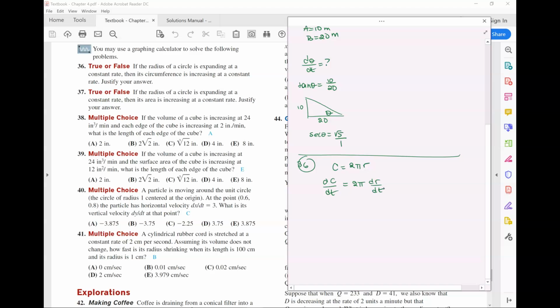But it's telling you that the radius is expanding at a constant rate, which means dr dt is a constant. So if this is a constant, then this whole thing is a constant. So dC dt is also a constant.